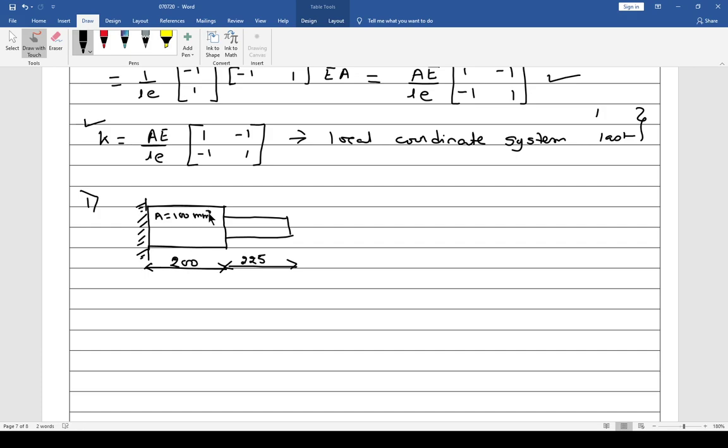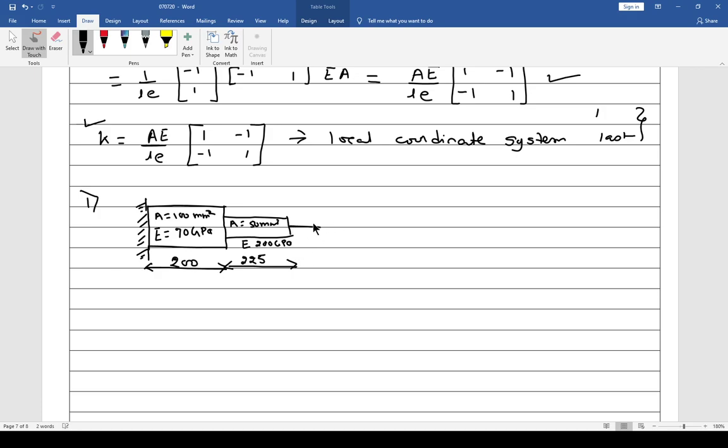All the dimensions are in mm. The modulus of elasticity is considered to be, let us say, 70 GPa. Here let us consider the area to be 50 mm square, and maybe modulus of elasticity 200 GPa.